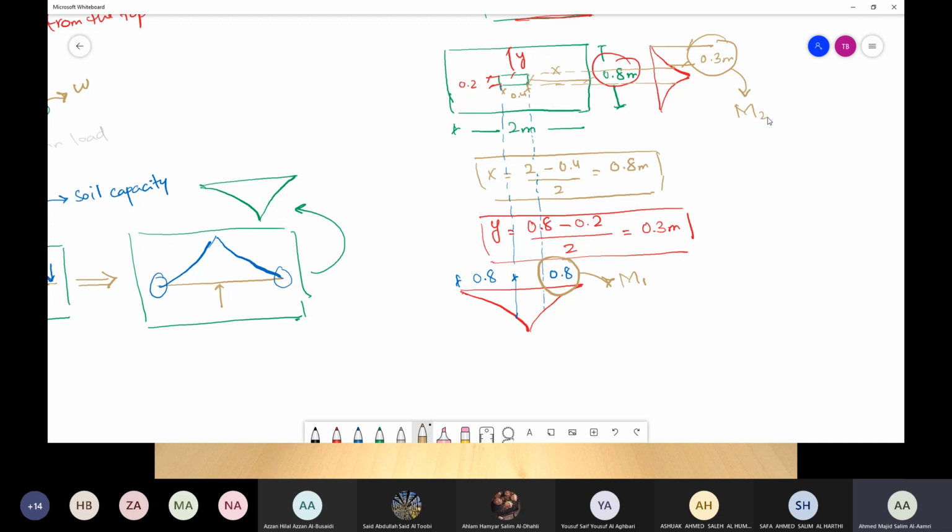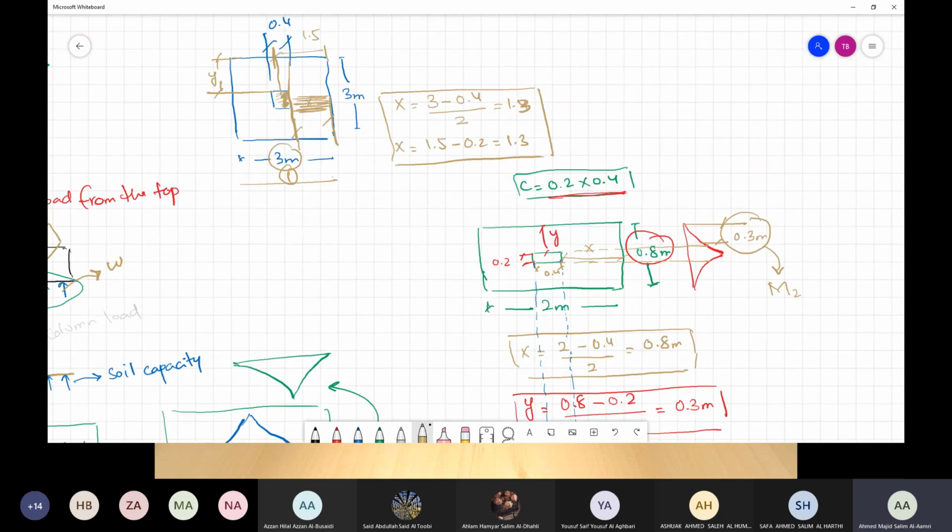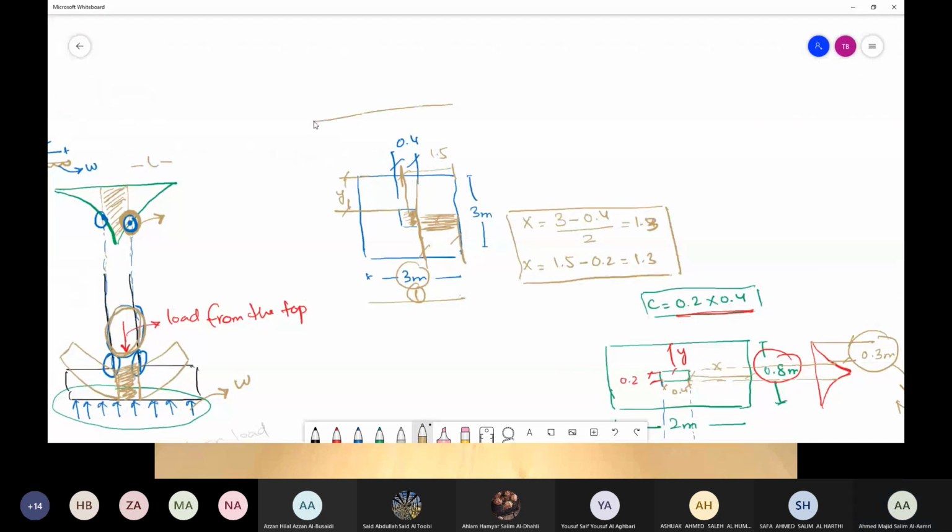If the distance is almost the same, then you can take them as one moment. If the distance is the same, like the case that we have talked about here, then you will end up having M1 equal to M2.